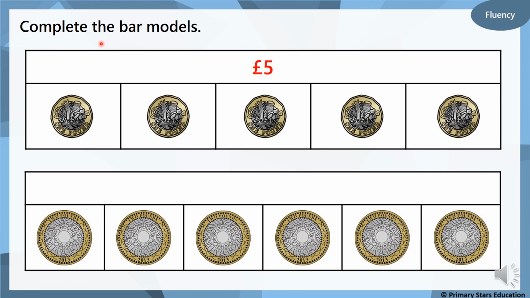The whole number, so that goes at the top of the bar model, is £5. Looking at the second one, we've got our £2 coins making up each of the parts of the bar model, and then we'll write the whole number in this top bar. 2, 4, 6, 8, 10, 12. £12.